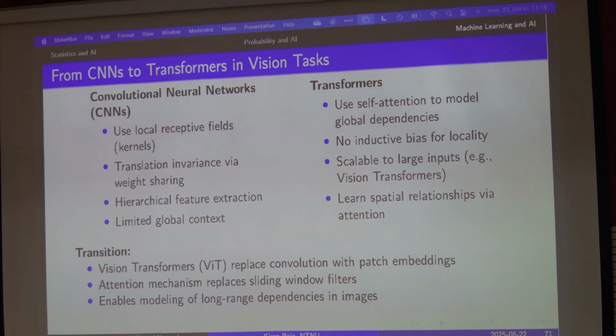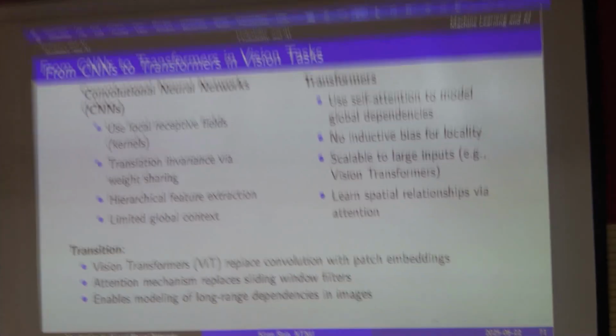But the transition here is that, again, nothing has changed very drastically. The key change that has happened here is that the vision transformers replace convolutions with patch embeddings. In the case of CNNs, you take the whole image, but in the case of transformers, you divide the whole image into a number of chunks, a number of blocks, and then you process each of the blocks, right? So the main difference comes from the patch embeddings there.